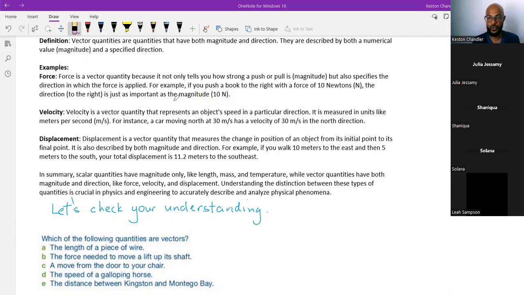Gravity is a natural force. Gravity is always acting downwards. It's pulling on things directly down to the earth.